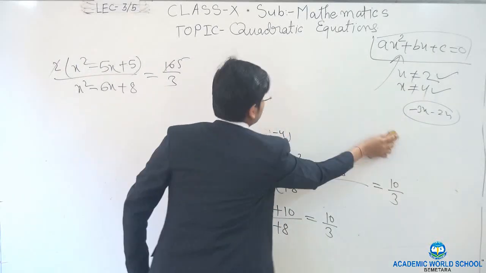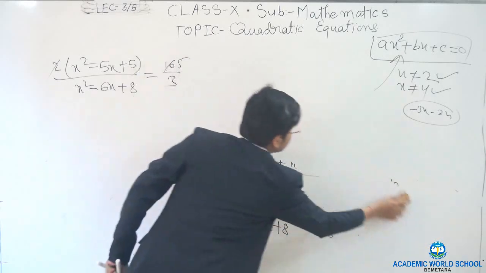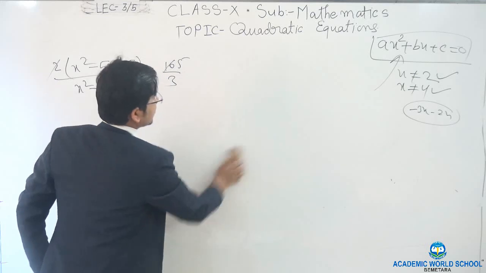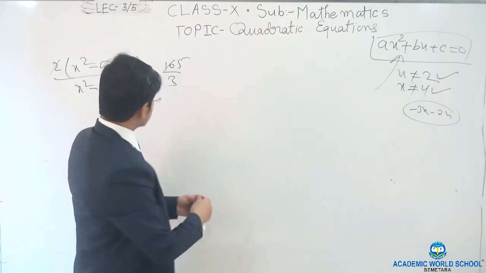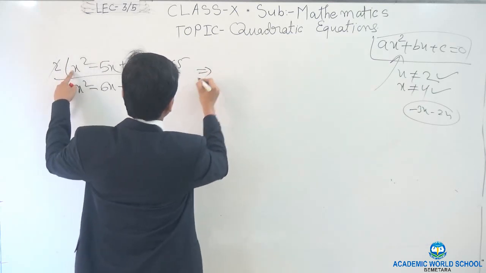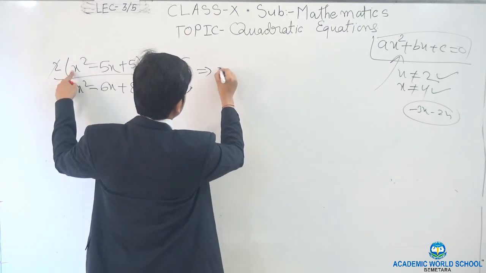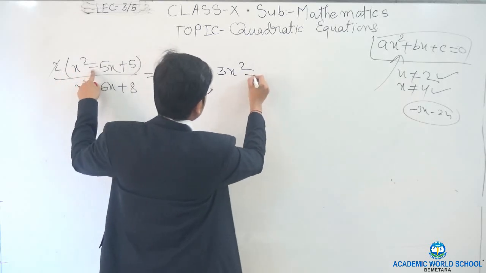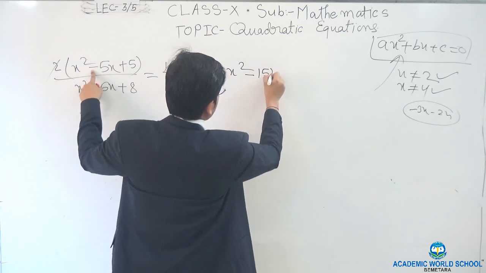So we are going to solve. We are going to multiply. Cross multiplication I will do. So this 3 into x square, 3x square. Now 3 into this minus 15x.